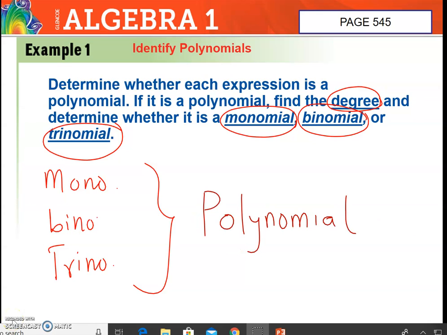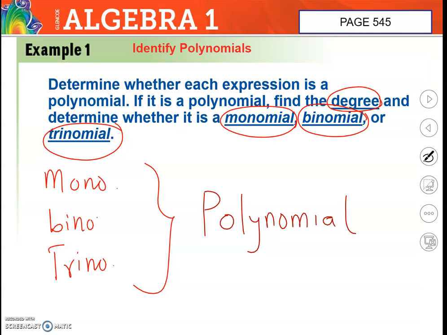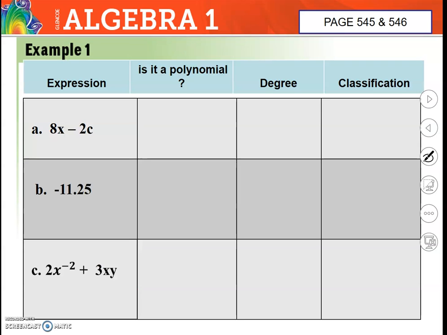Okay, now let us move on to our first example. As our example is saying, we should determine whether it is a monomial, binomial, or trinomial, and find the degree. Example 1a, we have the expression 8x minus 2c. 8x is an expression, and negative 2c is also an expression. We want to see if it is a polynomial.